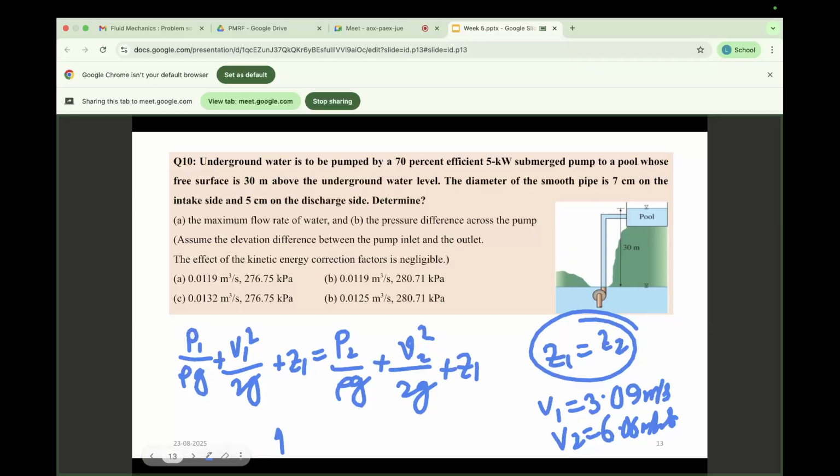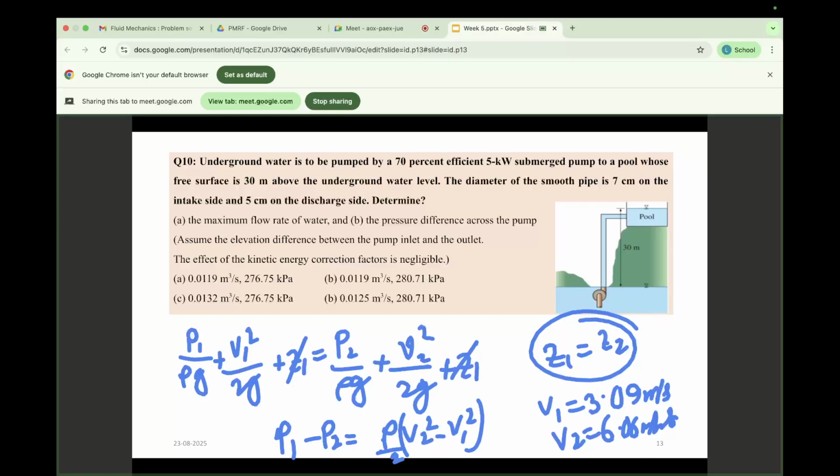So these two things will be cancelled out, so I can write P1 minus P2 equal to V2 square minus V1 square by 2g into rho g. So this g will be cancelled out, so what I will get this value.